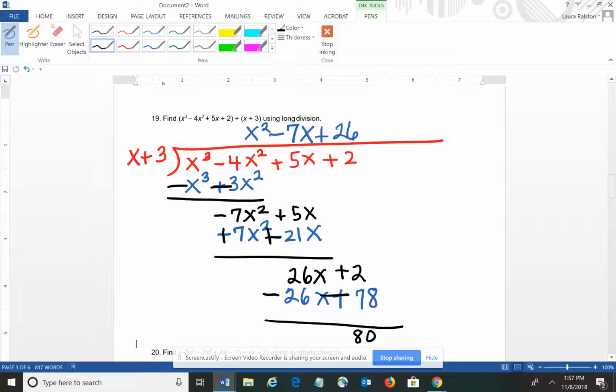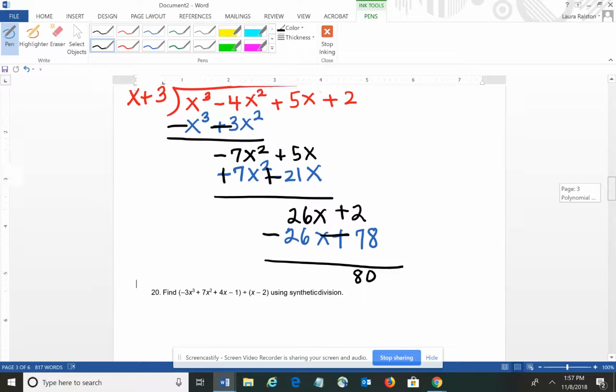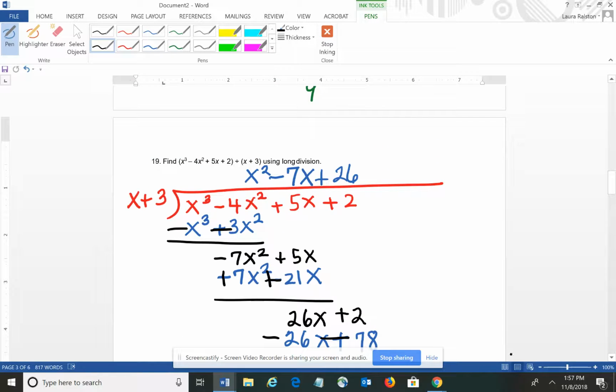And negative 26 plus 26 is 0. So we have x squared minus 7x plus 26. But don't forget about the remainder. You don't write R80. We'd write plus 80 over the original divisor, x plus 3.